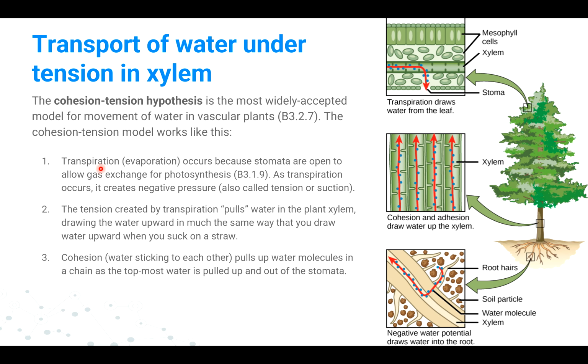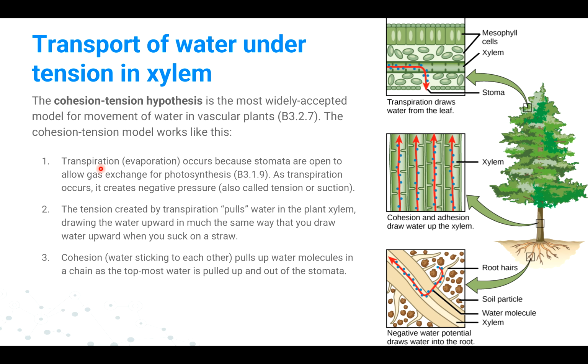So as transpiration occurs, it creates a kind of negative pressure, or you can say suction pressure or tension. This tension is created by the transpiration process, and this process creates a demand for water in the leaf, which is being fulfilled by the other cells nearby, right?